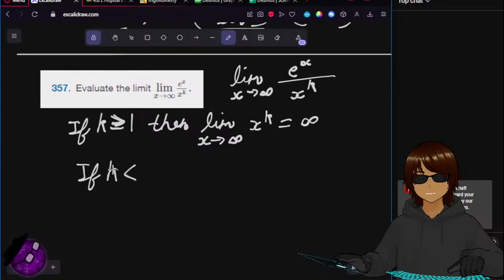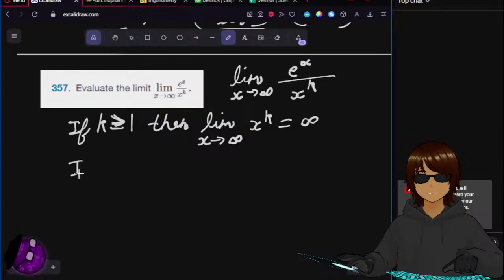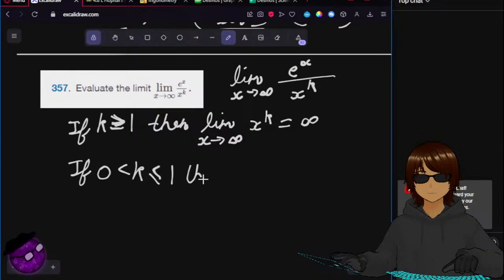If k is less than, wait, if k is more than 0 and less than 1, then not equal to 1, sorry.